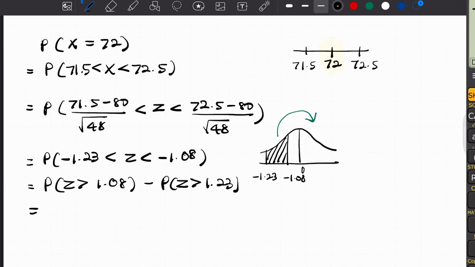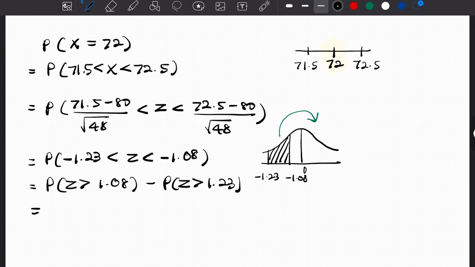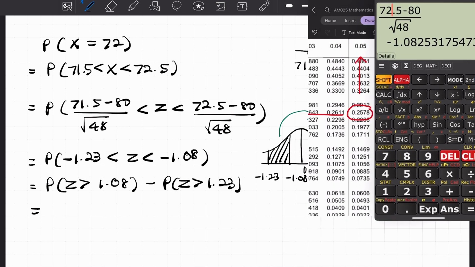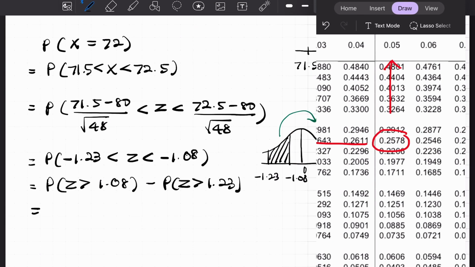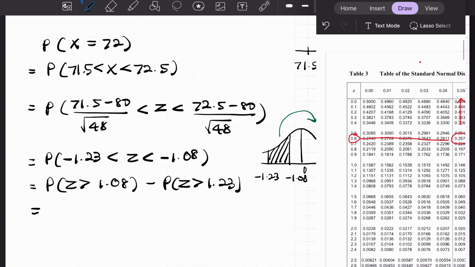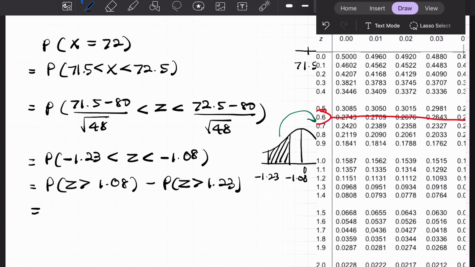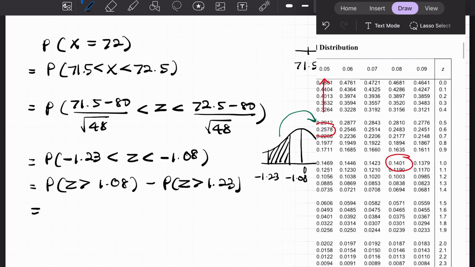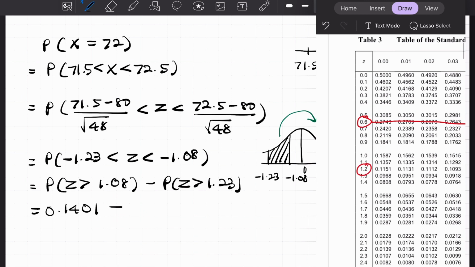Now, using the standard normal table, let's find the value of our Z-score. 1.08 is 0.1401, minus 1.23, which is 0.1093.